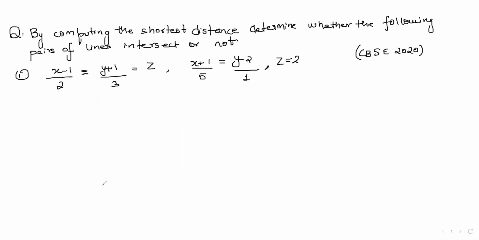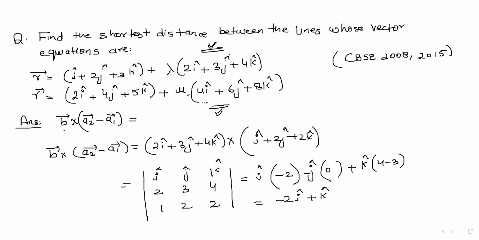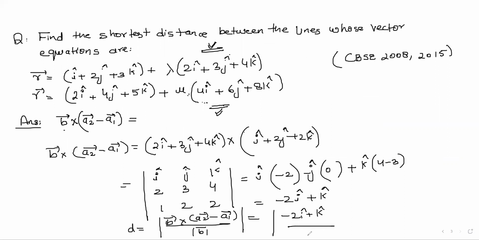So the distance is equal to the magnitude of B cross A2 minus A1 by the magnitude of B. So this will give you minus 2I cap plus K cap by the magnitude of B, which you already know is root 29.